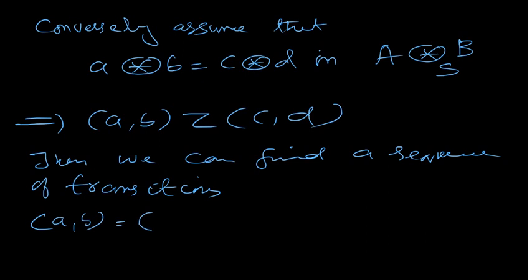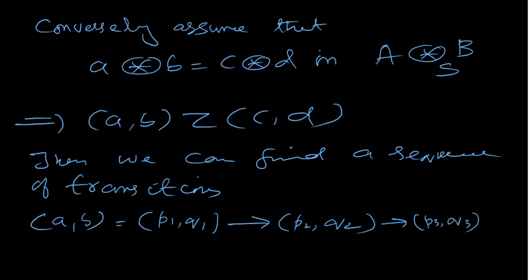Suppose the first element of this transition is (P1, Q1), and this is the first transition, it goes to (P2, Q2), and then this (P2, Q2) will go to (P3, Q3), and if we continue this, finally we will get the last element (Pn, Qn), which is equal to the last element (C, D).